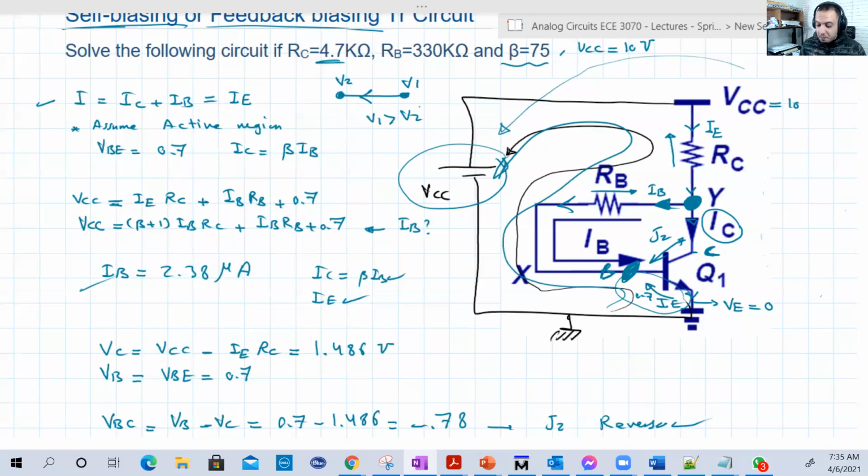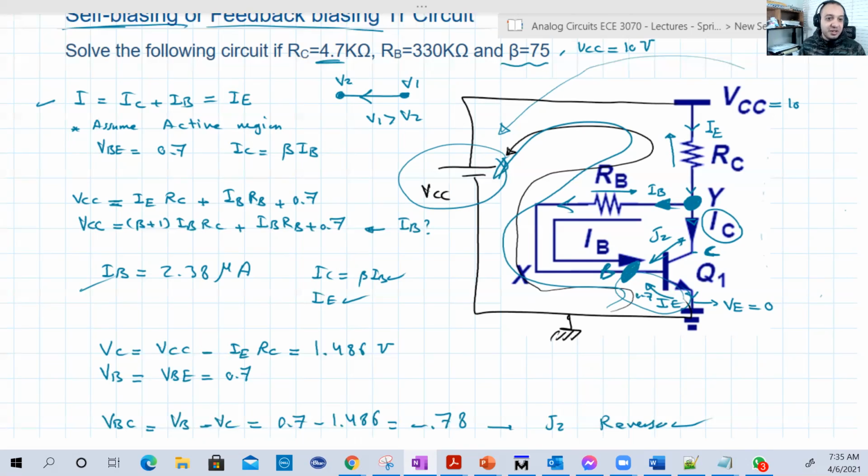Whenever VC is greater than 0.7, IB will flow from the collector to the base, and IB is positive, so VC will be greater than VB. When VC is greater than VB, the collector, which is N type, will have a voltage greater than the base, which is P type. So that's a reverse junction. That's why whenever this circuit is biased with a voltage VCC greater than 0.7, it's active all the time.